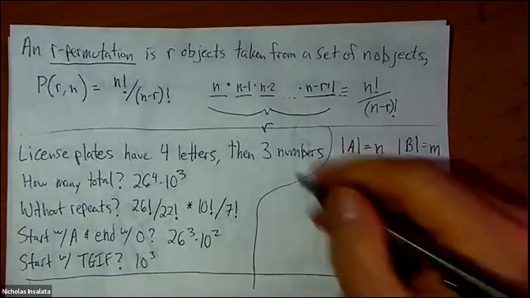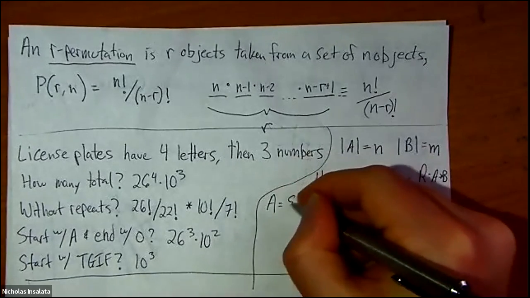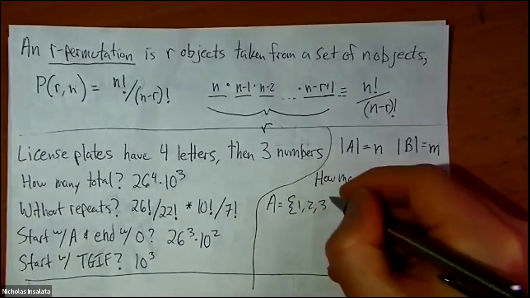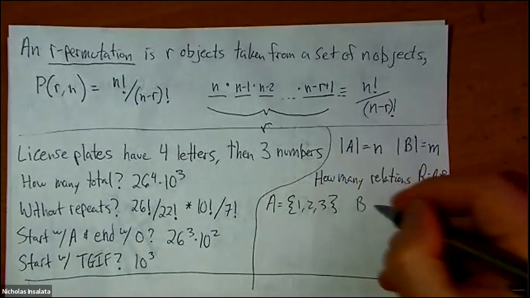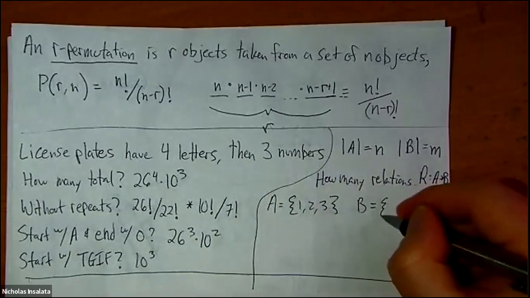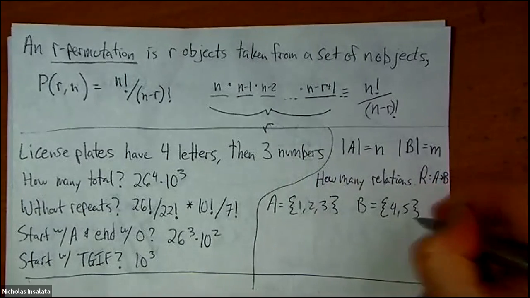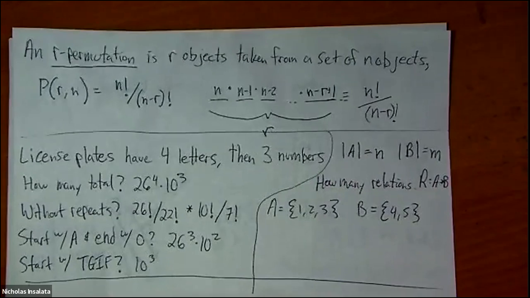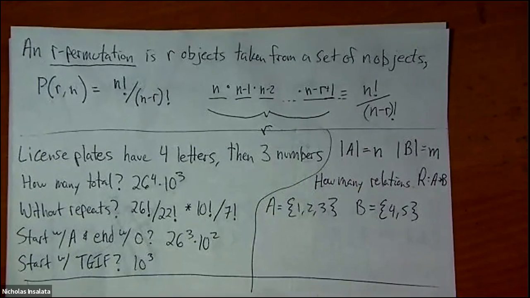Okay, so let's think about this. So let's say A is 1, 2, 3, and B is 4, 5. What are all the possible pairs that could be in the relation, or how many possible pairs could be in the relation?